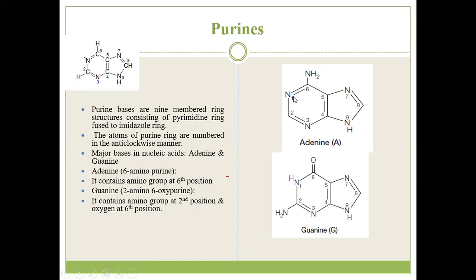So, in the case of guanine, from the parent molecule, we say guanine is what? 2-amino, 6-oxypurine. 2-amino means an amino group is attached to atom 2, which is carbon. Here, at carbon 2, you have an amino group attached to it. Then 6-oxy means this carbon is double bonded to oxygen.